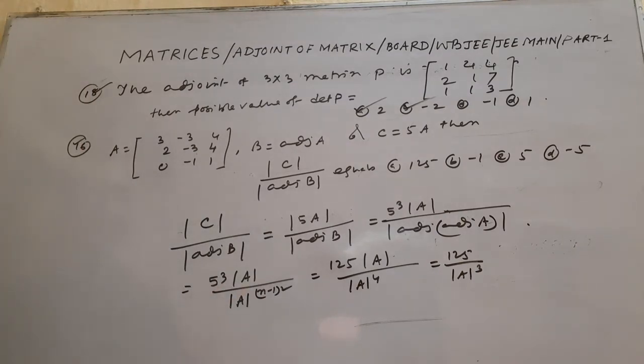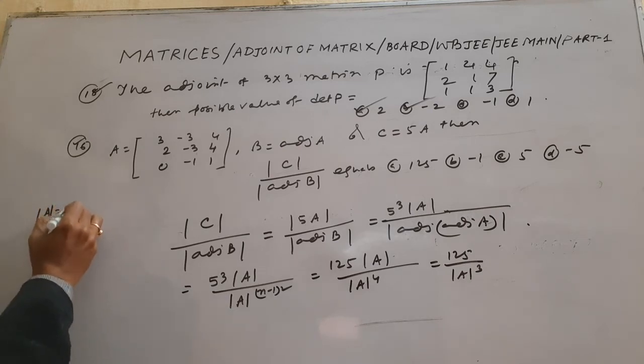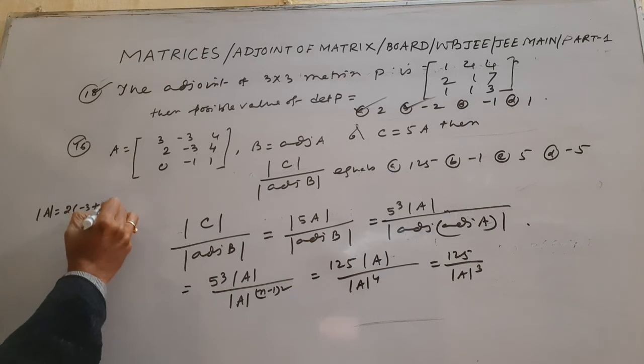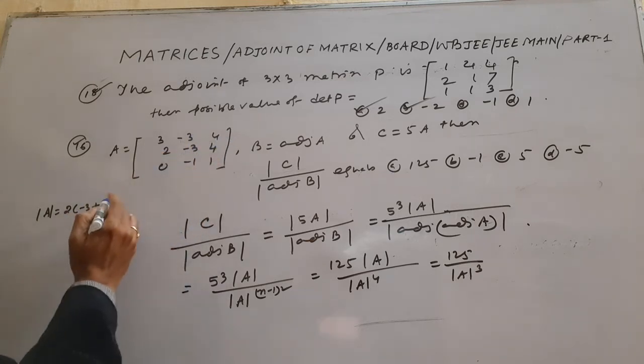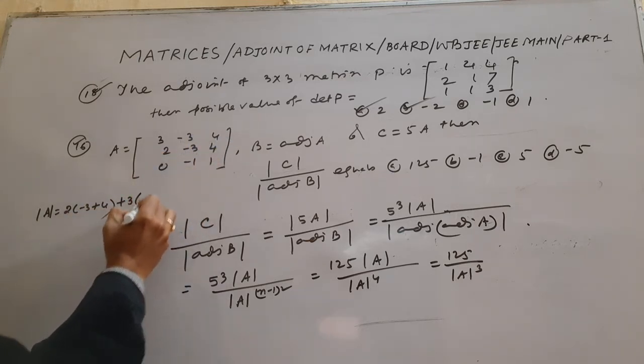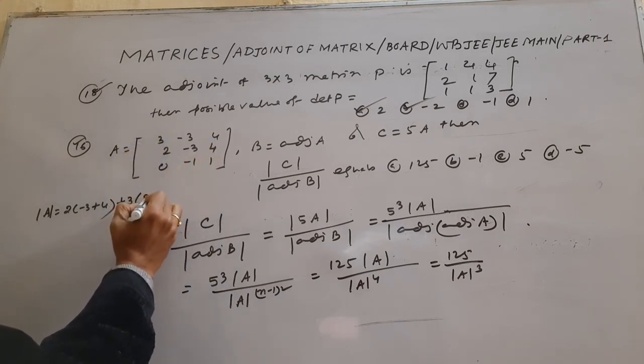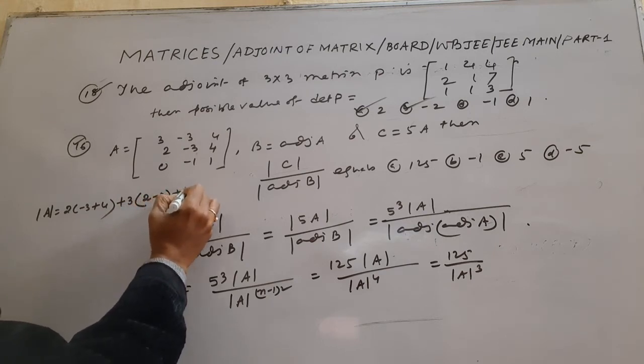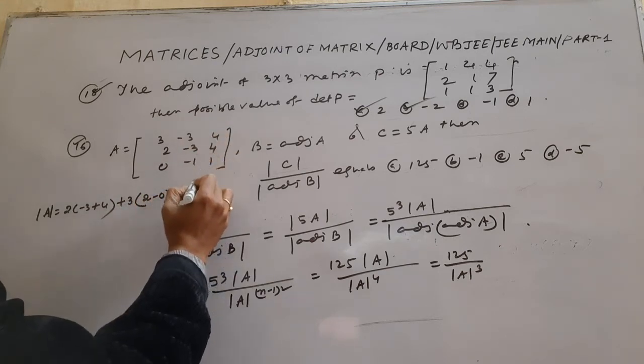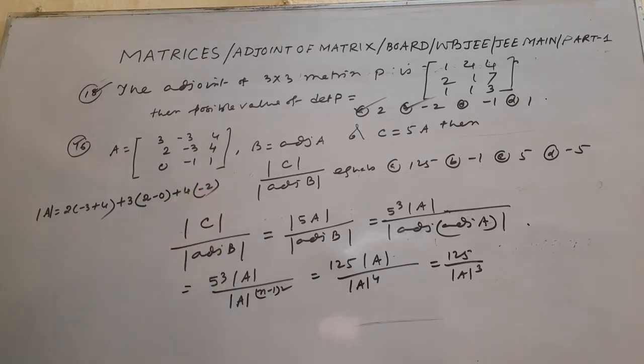Now what is determinant A? Determinant A equals to 2 into minus 3 plus 4, minus 3 plus 4 plus 3 into 2 minus 0 plus 4 into minus 2.